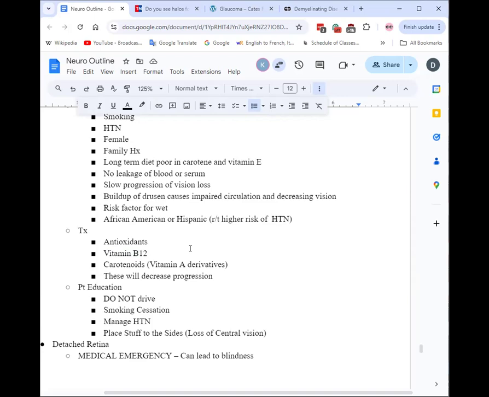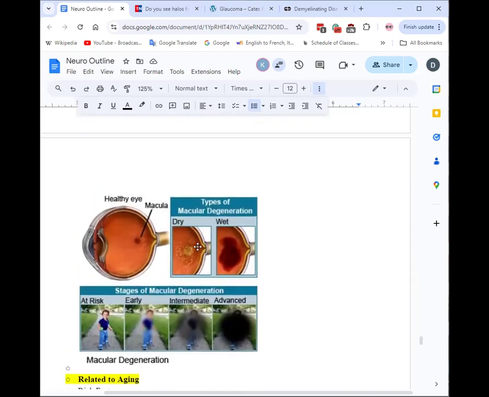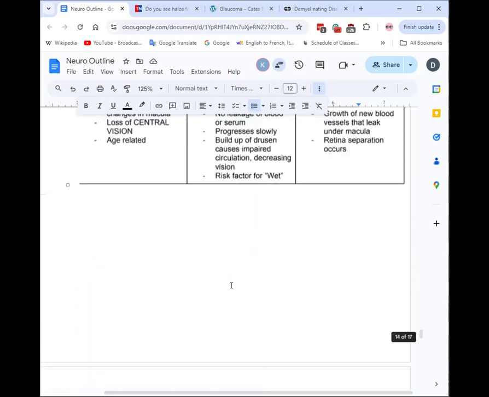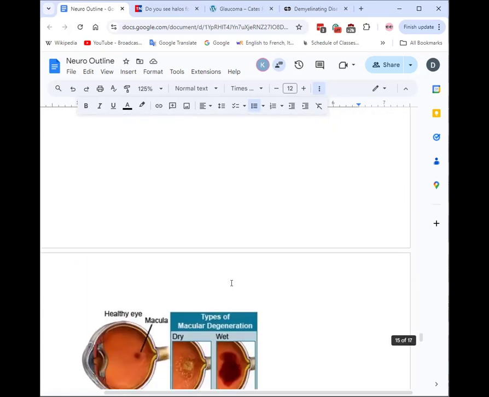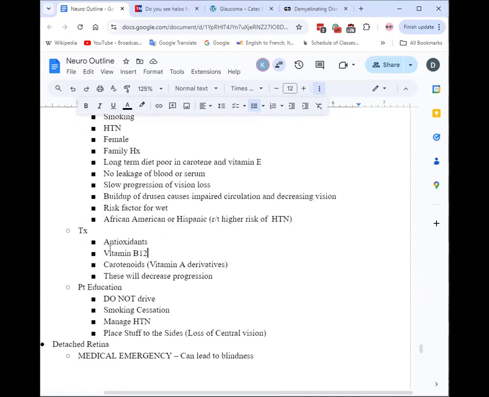This is degeneration of this part of the eye here that leads to that, as you can see. In terms of treatment, that's some of the things they mention. Vitamin A derivatives only decrease progression. They don't really stop it.